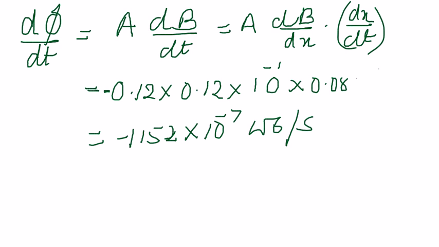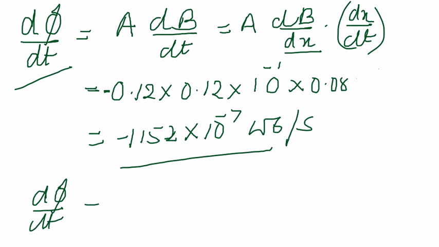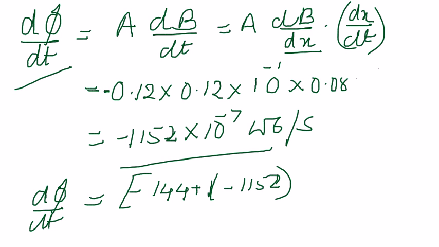So we found out what was d phi dt due to dB dt, and we have also found out what is d phi dt due to dB dx. So we can add up d phi dt due to both dB dx and dB dt as equal to minus 144 plus minus 1152, the whole thing times 10 to the power minus 7.